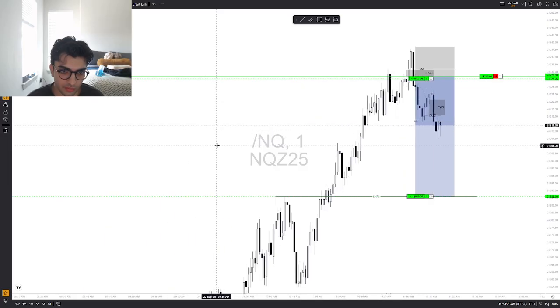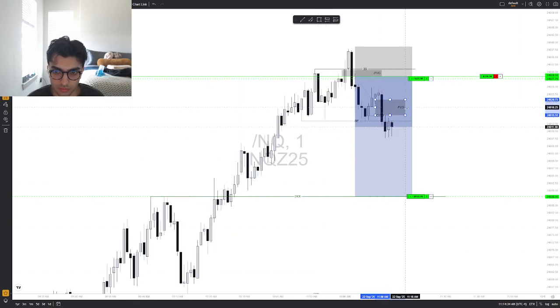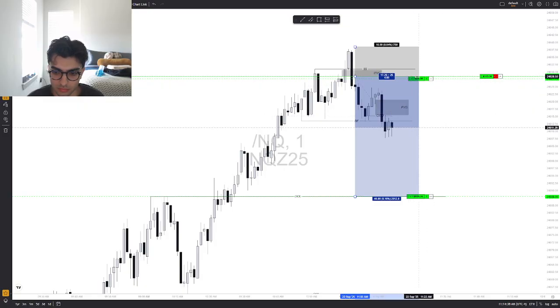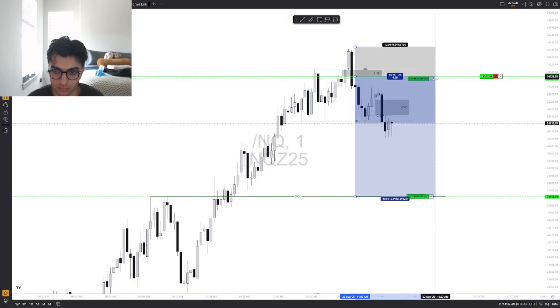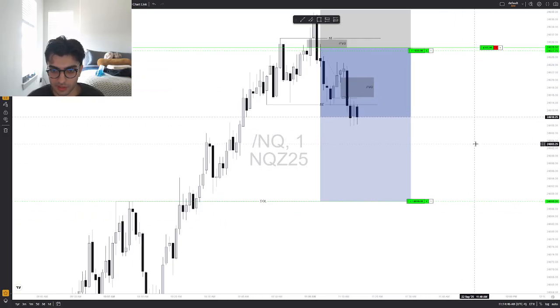What are we tagging into? Is this wick, this series of up close candles. Again, want to see that slippage here. Really want to see it continue down.